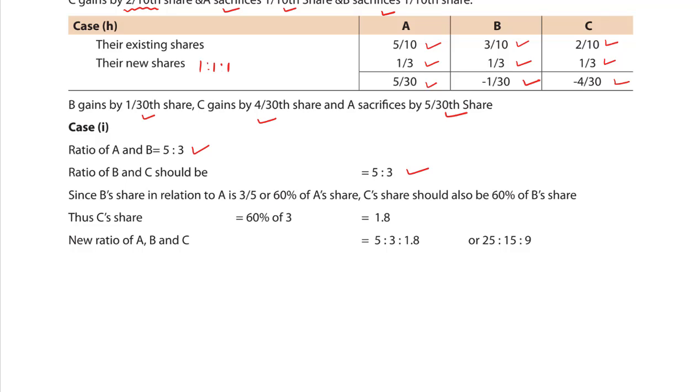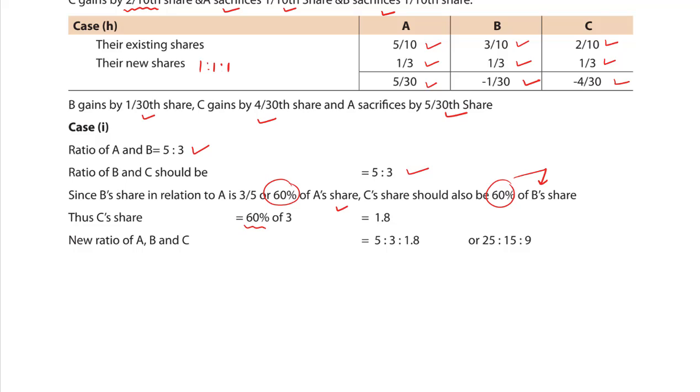Ratio of B and C should be 5:3. Since B's share in relation to A is 60%, B's share is 60% of A's share and C's share should be 60% of B's share.